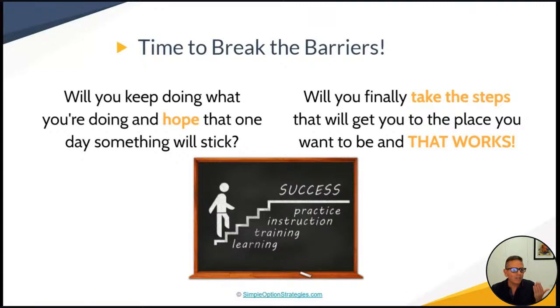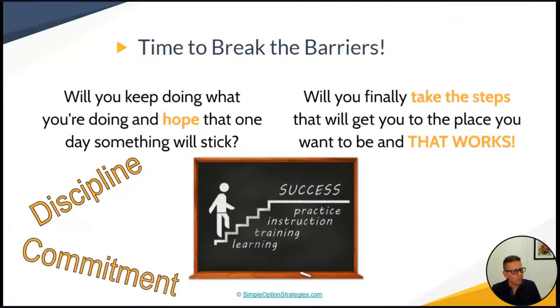Besides learning, training, instruction, and practice that leads to success, you also need discipline. Learning how to trade, having patience, sticking to your trade plan, you need that discipline in order to keep going. Also the commitment, you don't want to quit. And having an edge or multiple edges to figure out how you can be ahead of everyone you're trading against.